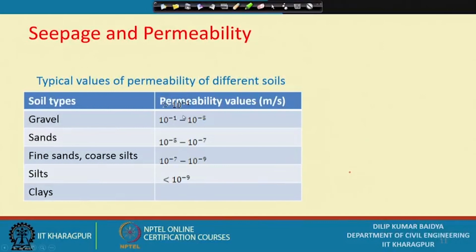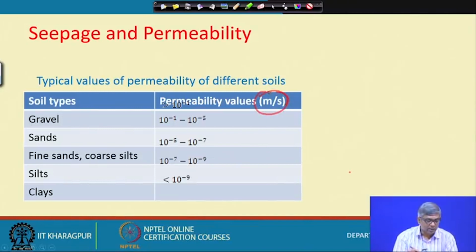If it is gravel, the value should be greater than 10 to the power minus 1 meter per second, that is 0.1 meter per second. When it is sand, it is between 10 to the power minus 1 and 10 to the power minus 5.